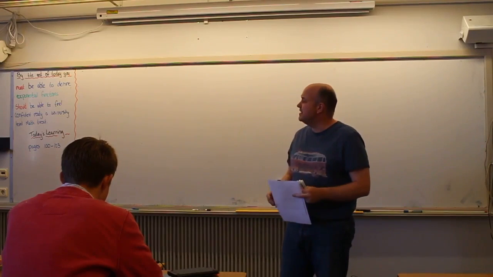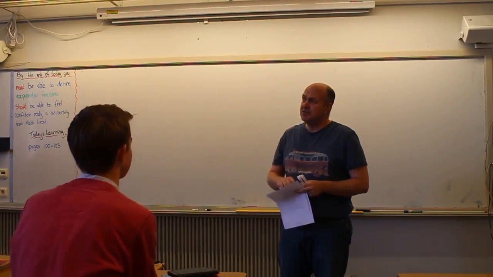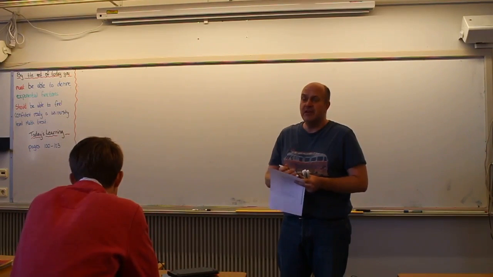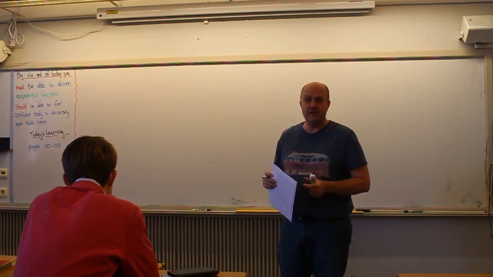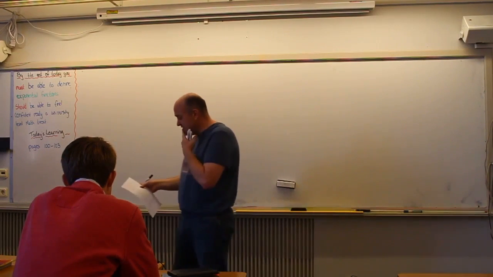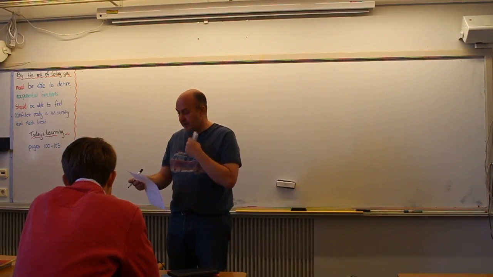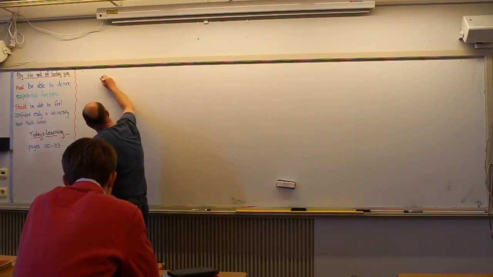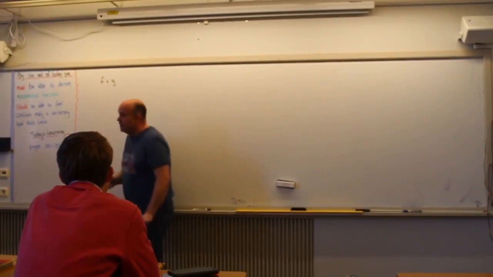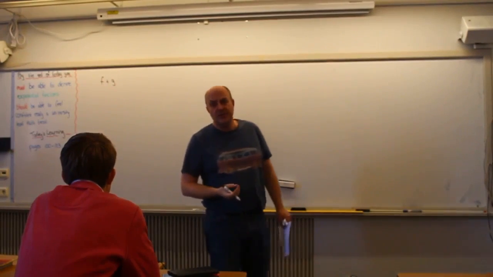So we looked yesterday at the arithmetic laws for limits, finding the limit value. And that's the first thing it's going to talk about. It's going to mention reglerna för gränsvärden. And it says, we saw this one yesterday, f plus g. We're talking about the arithmetic laws for limits.